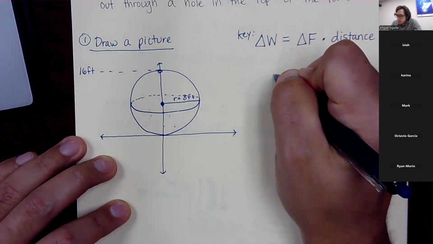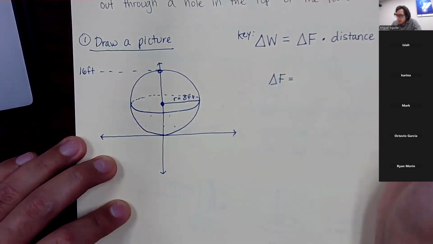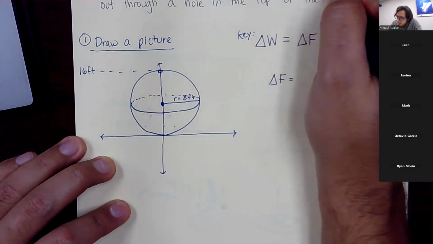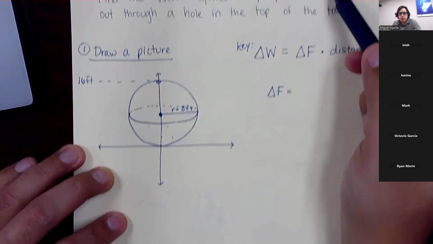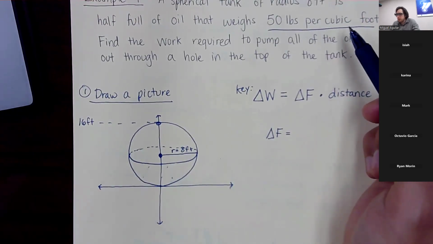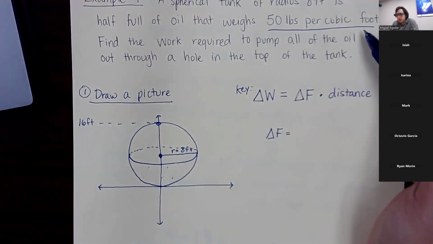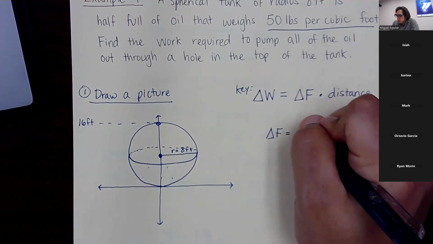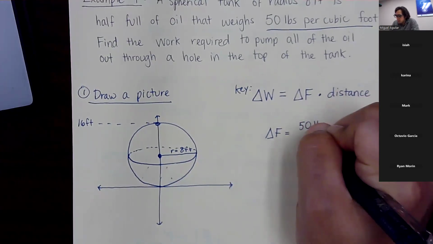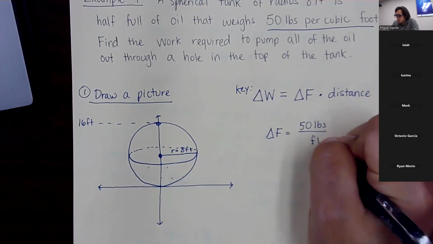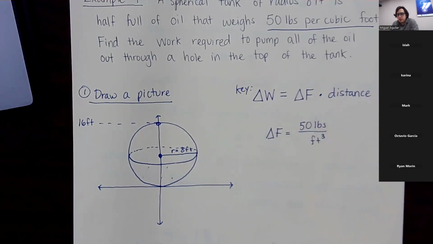Okay. Well, the incremental force is going to be equal to this thing that they gave us, which was 50 pounds per cubic foot, right? But this technically isn't a force measurement. This 50 pounds per cubic foot is a measurement of density, right?